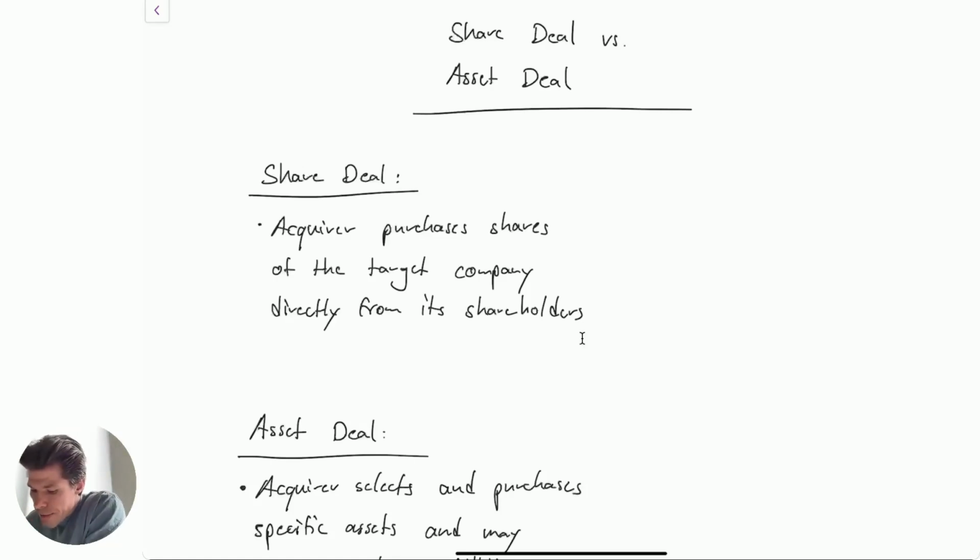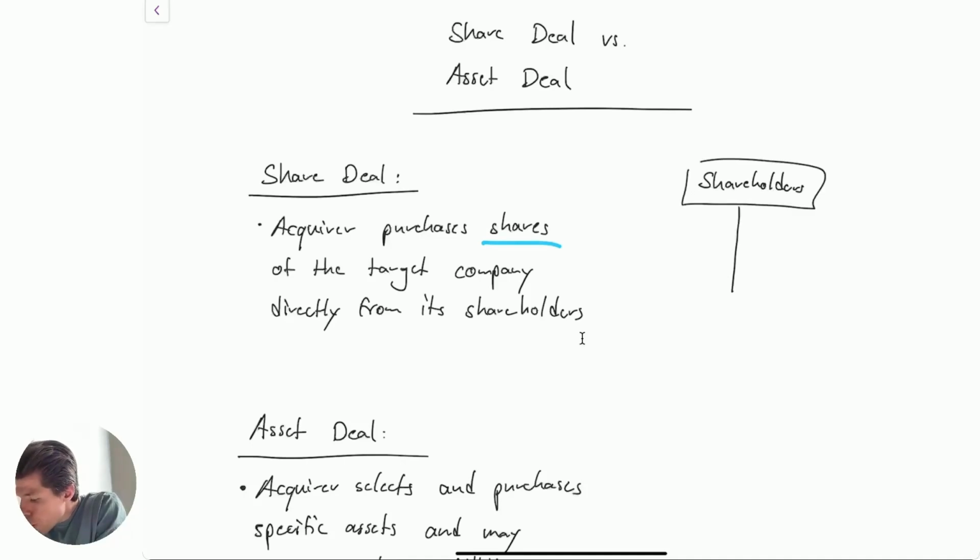In a share deal, the acquirer purchases shares of the target company directly from its shareholders. So how does it look? You have shareholders here. Those shareholders own the target company.